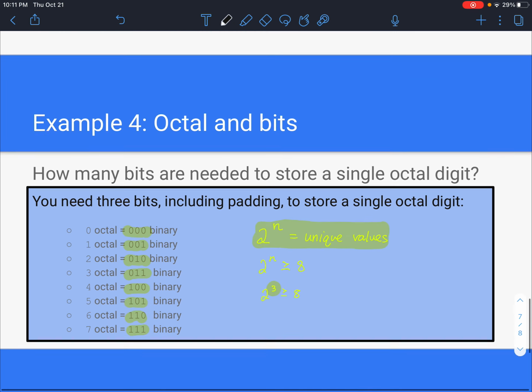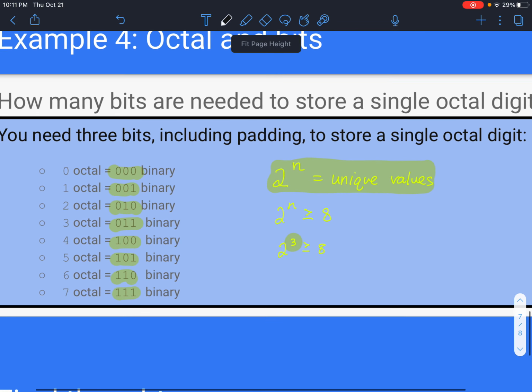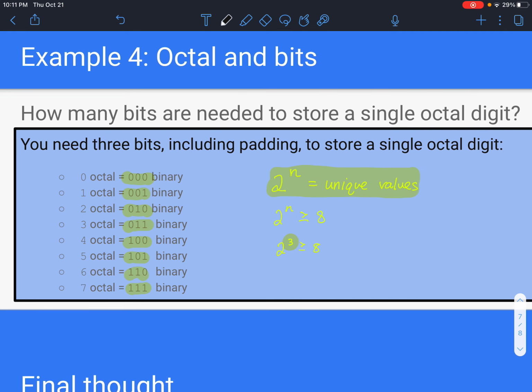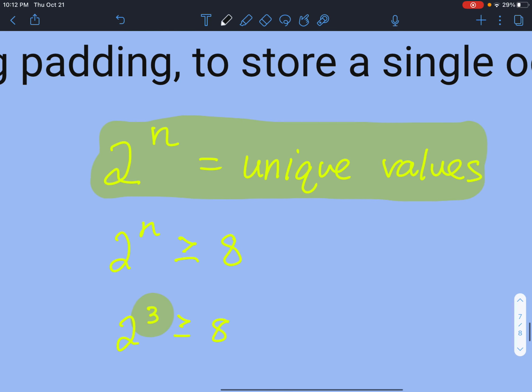All right. The last thing I wanted to point out was this. A question might pop up somewhere where we say, if you wanted to store an octal digit, you have 8 different digits that you can use in octal. How many bits would we need for that? Well, I've highlighted here this hugely necessary formula that we're going to want to use. This formula is going to be on a lot of quizzes, a lot of tests going forwards.